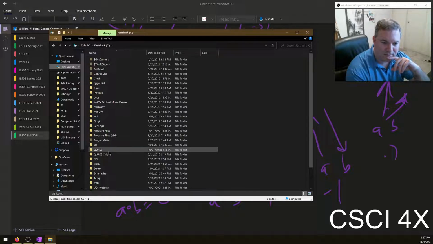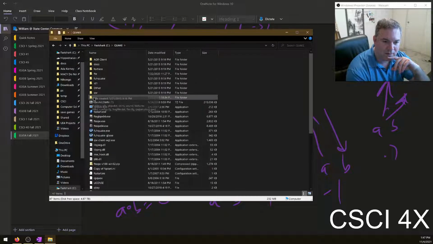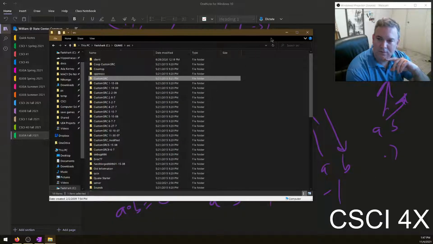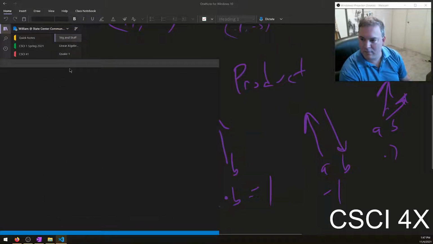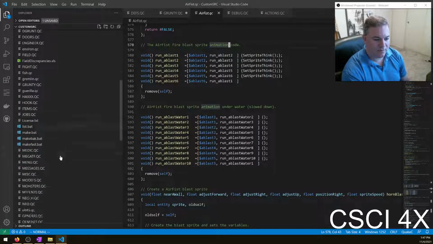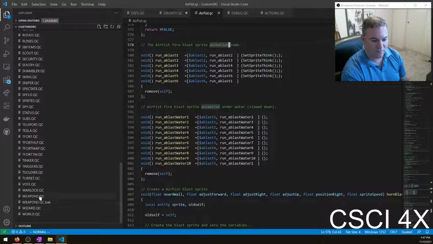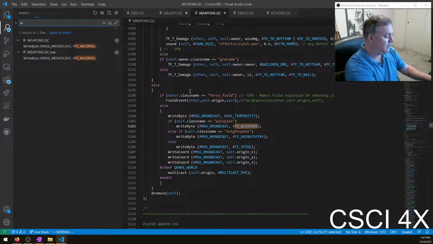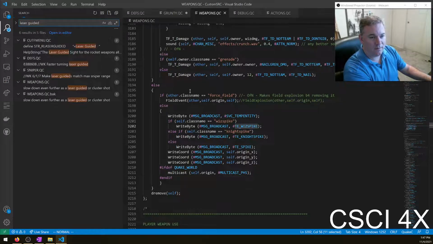Let's see. Quake source custom. Come down into weapons.qc, and we are going to search for laser-guided. There we go.